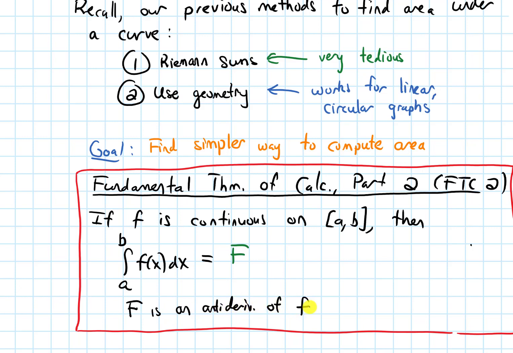So it ends up being capital F evaluated at b, this upper limit of integration, minus capital F, our antiderivative evaluated at a, that lower limit of integration.